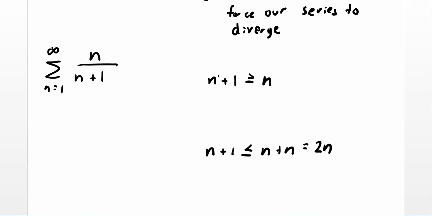So when you take the reciprocal of an inequality, the inequality sign flips directions. So this implies 1 over n plus 1 is less than or equal to 1 over n. And the second inequality implies 1 over n plus 1 is greater than or equal to 1 over 2n.